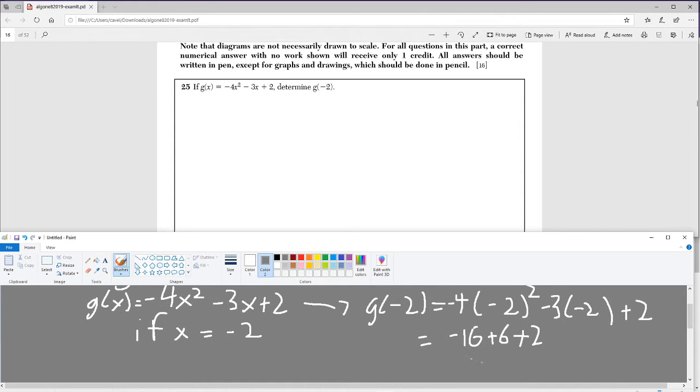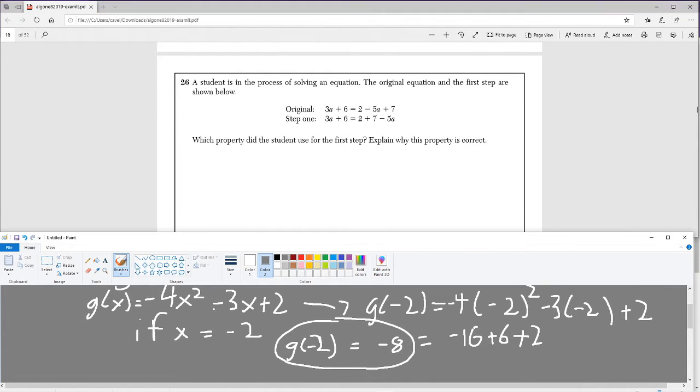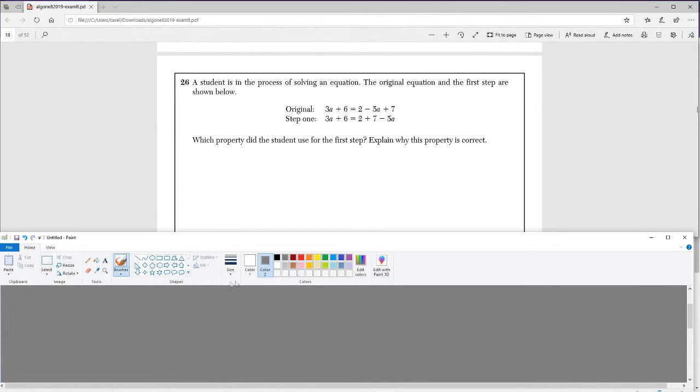So this is equal to negative 16 plus 6 is negative 10, right? Negative 10 plus 2 is negative 8. And this is all equal to g of negative 2. So g of negative 2 is equal to negative 8. All right, that's for 25. Okay, let's delete that.